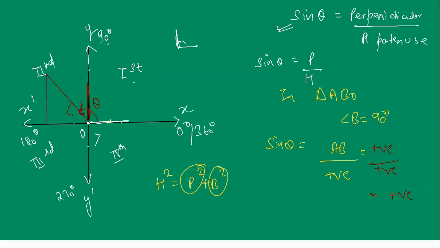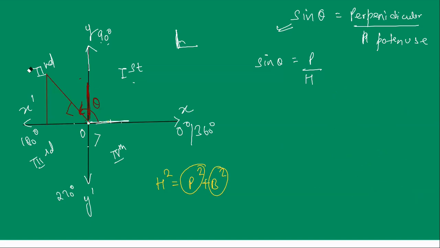Now, in the second quadrant, sine function is equal to perpendicular over hypotenuse. Let's name it AB. In triangle ABO, angle B is 90 degrees. We know that sine theta is perpendicular over hypotenuse.